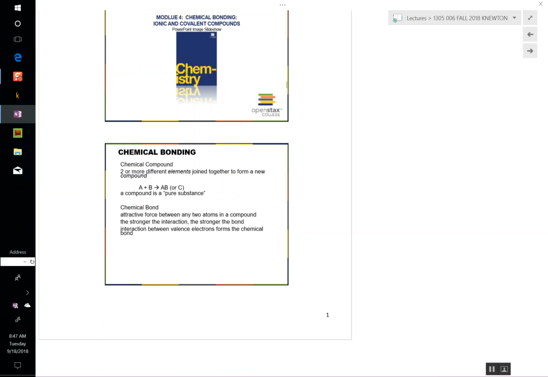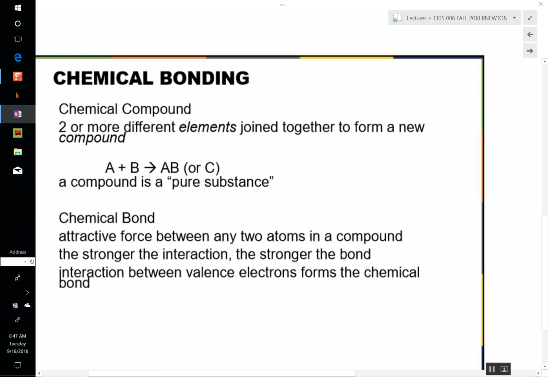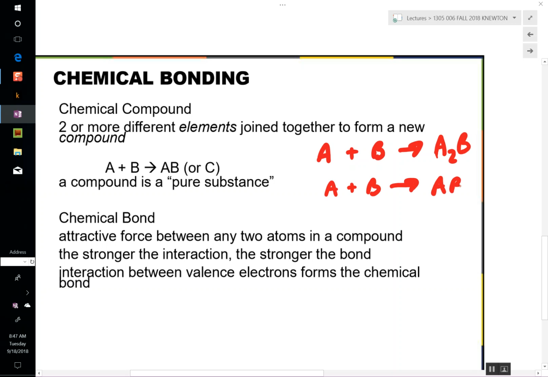Okay, so chemical bonding. We're talking here just in general. There's not an element A or B up there. Just in general, if we had an element, call it A, plus element B, they react together, they form a compound, AB, of some sort. We're going to see this sort of thing, where you get A2B, or it might be AB2. They're going to be formulas.